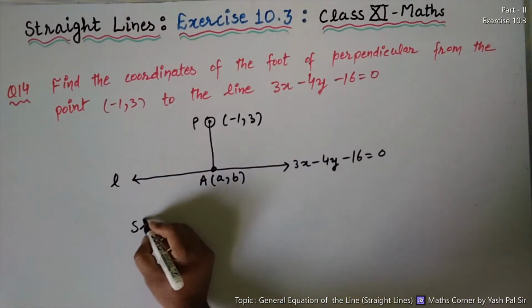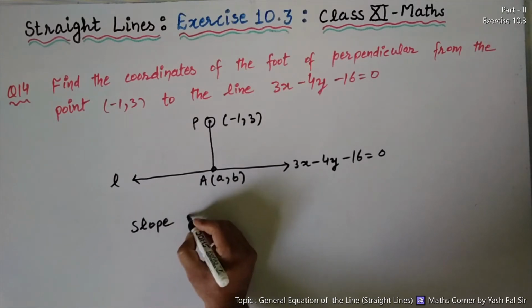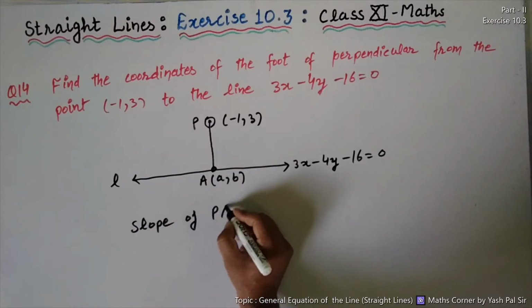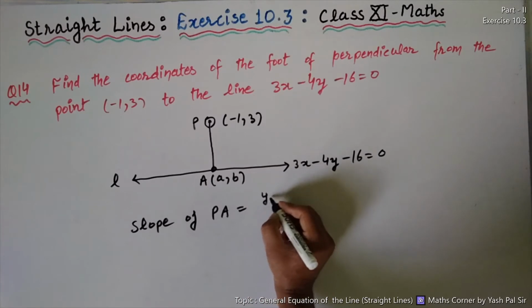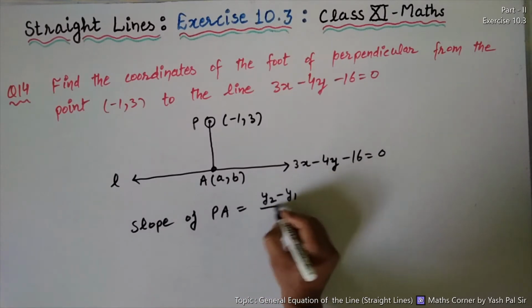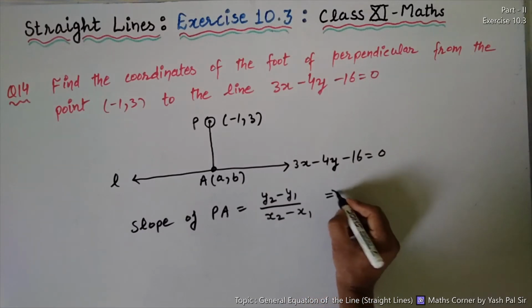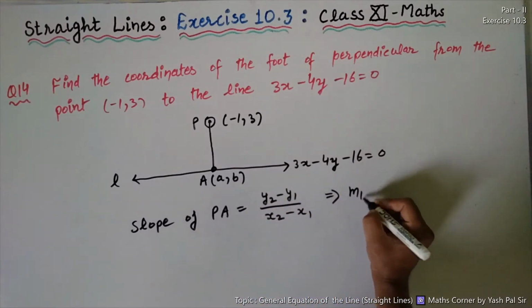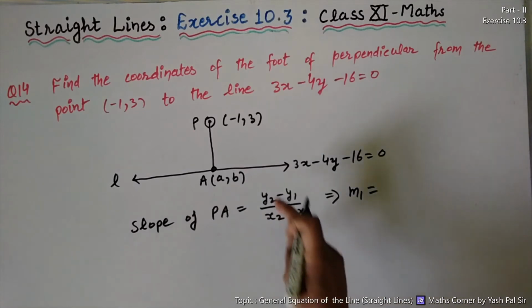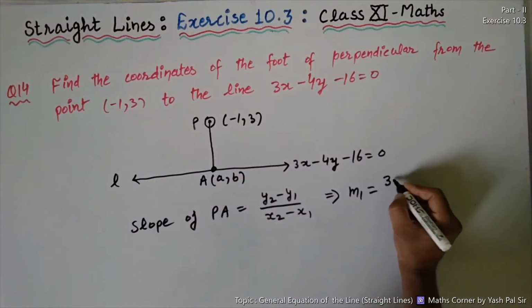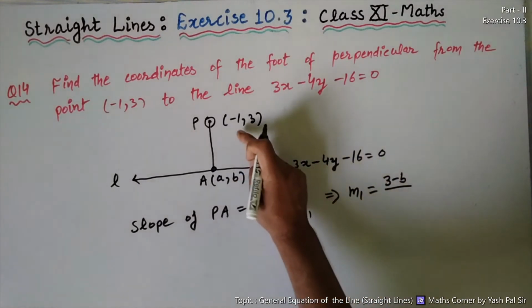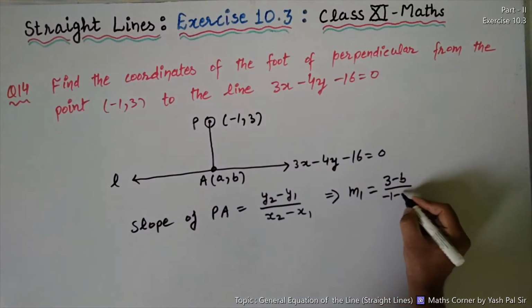So first of all we find the slope of PA, which is equal to y2 minus y1 divided by x2 minus x1. We name this slope m1, which is equal to 3 minus b divided by minus 1 minus a.